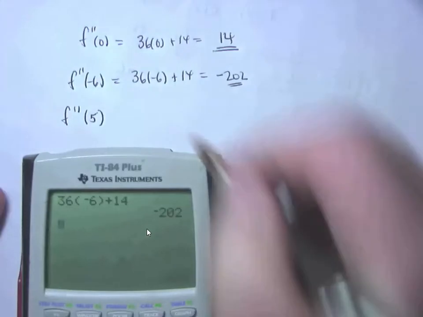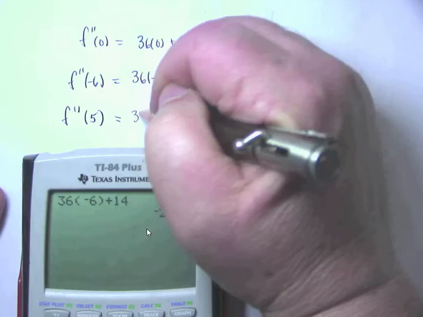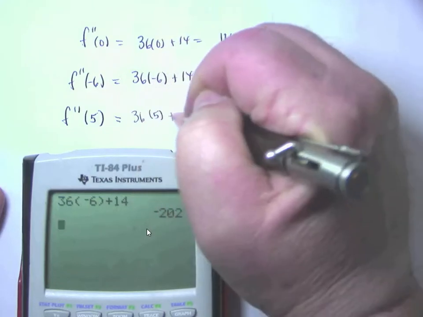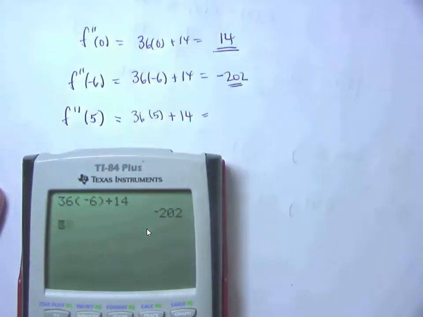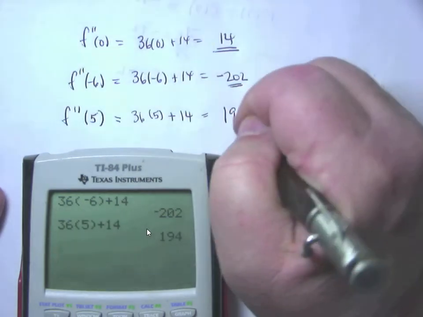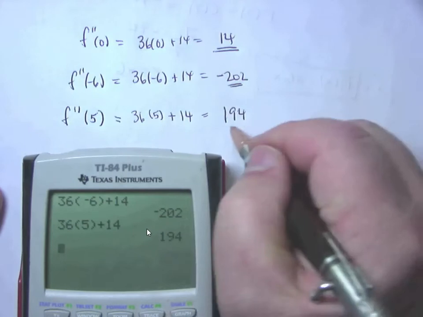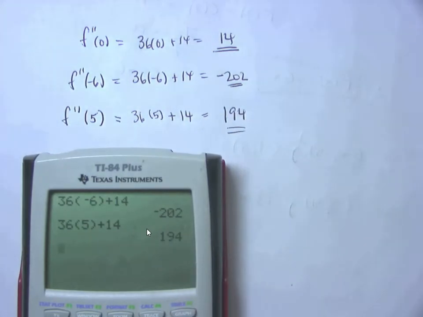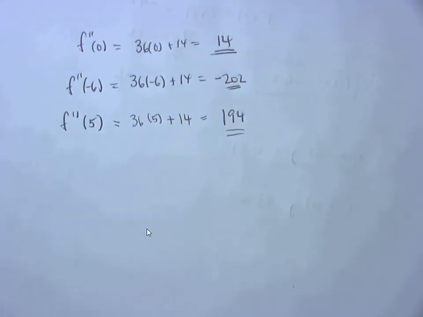The last one is f double prime of 5. That'll be 36 times 5 plus 14, which is 194. Does that make sense? So I'm going to go enter these guys into my Hawk system.